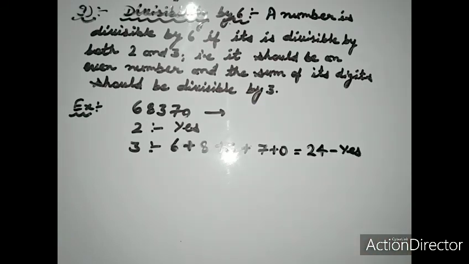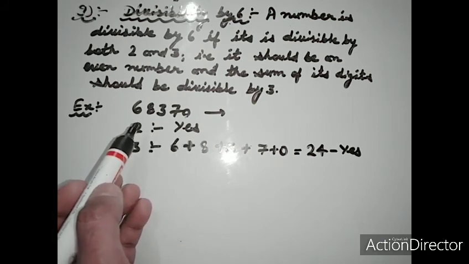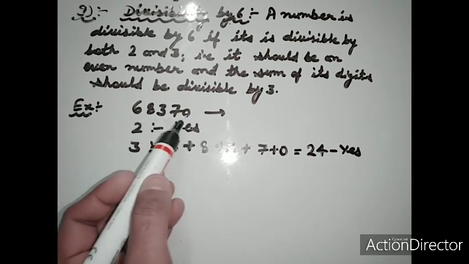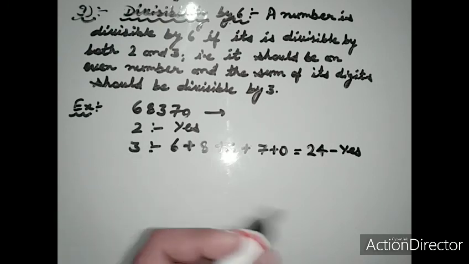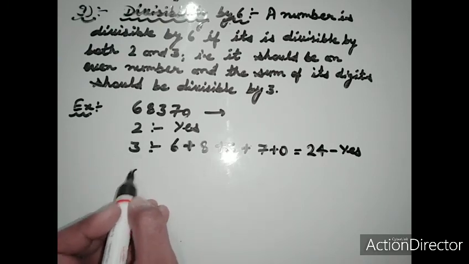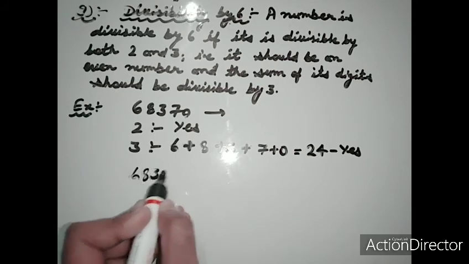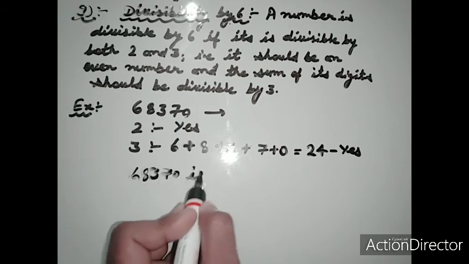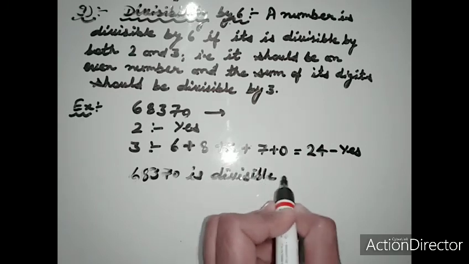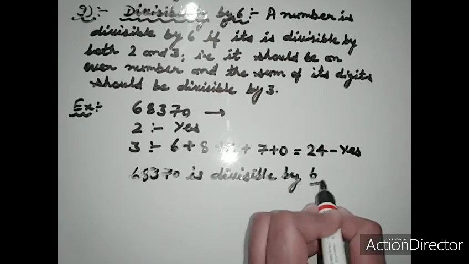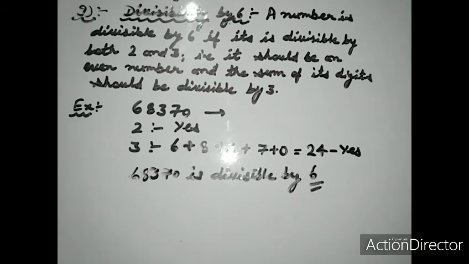So yes, this number is divisible by 3. So this number 68,370 is divisible by both 2 and 3. So the number is divisible by 6. So 68,370 is divisible by 6, right?